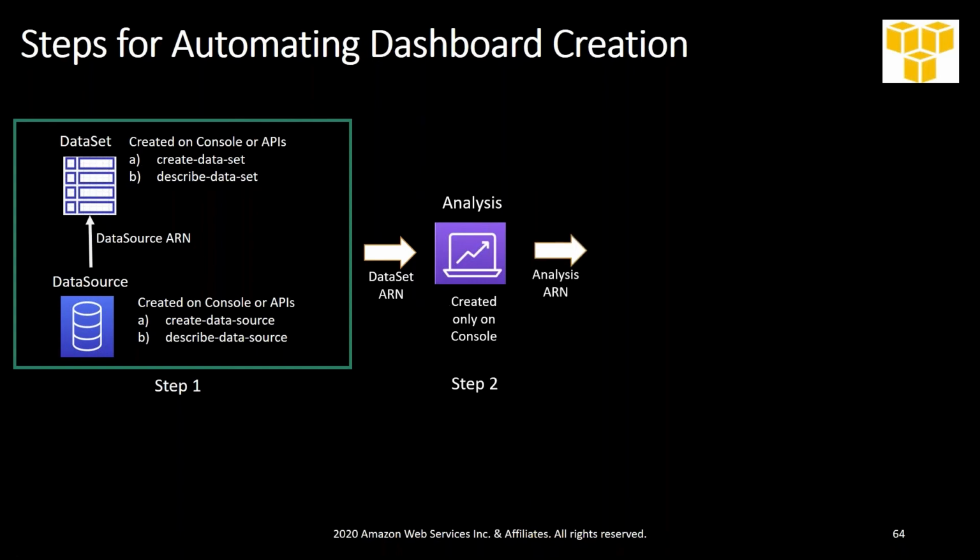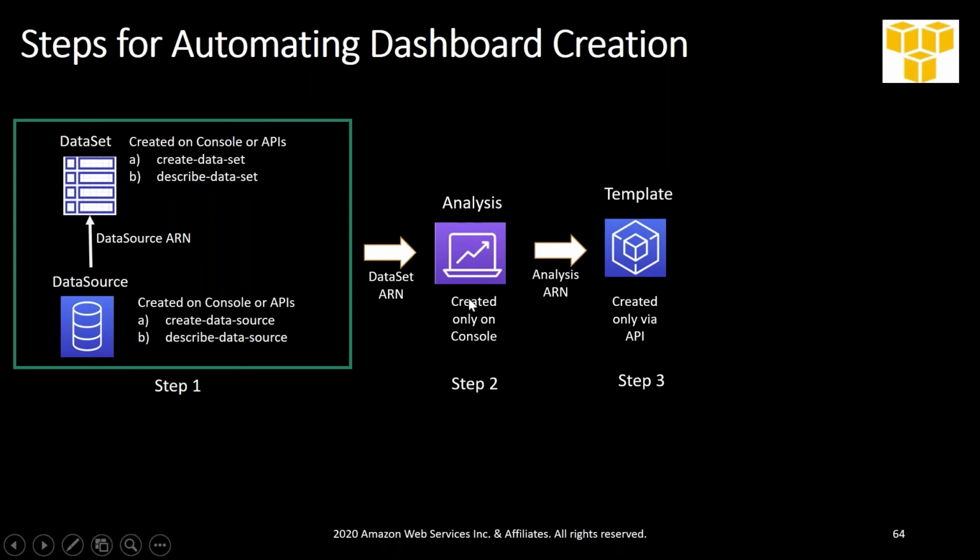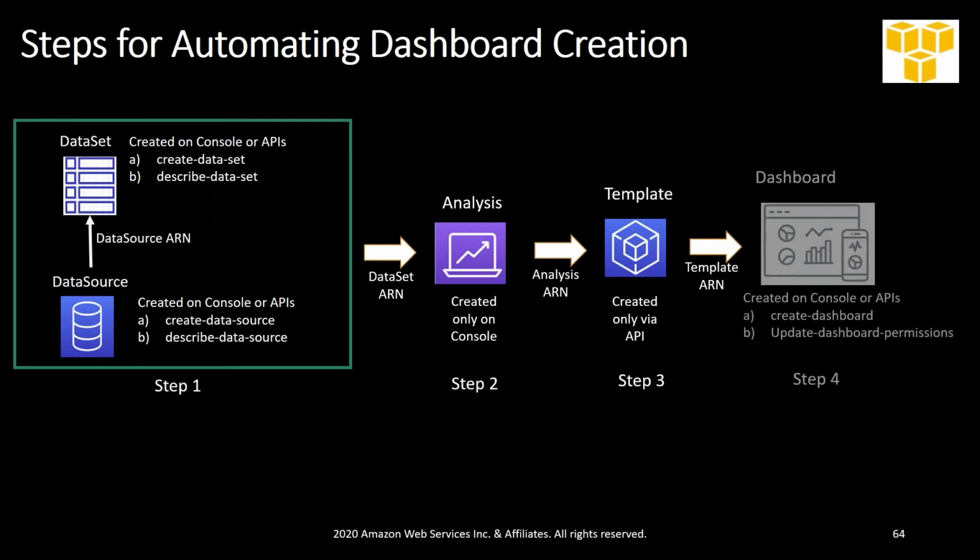And then when it's time for us to create the template, we find out what is the analysis ARN of this analysis object. We pass it to the template. And this will also contain the dataset ARN, which will pass to the template. So template requires both analysis ARN and dataset ARN, and it will take that input and create the template. And it will generate its own ARN.